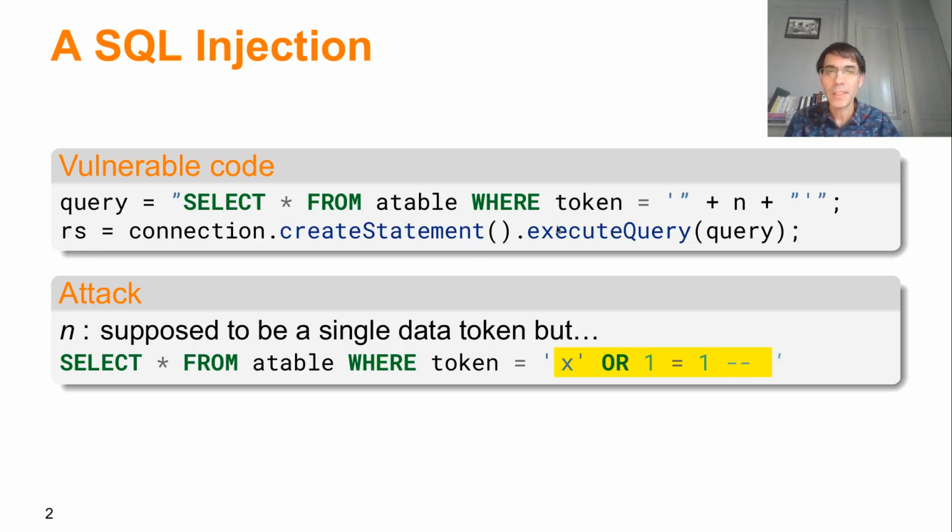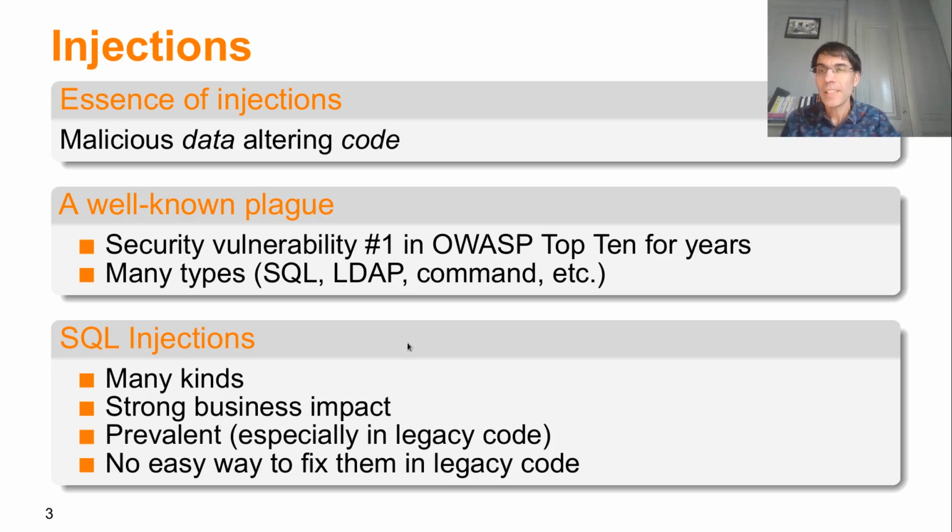So instead of selecting in your table the rows for which the token was equal to a specific value, you select all rows of your table. So it's a vulnerability. The essence of injection, as we can see, is that some malicious data altered the code which was supposed to run, in this case the SQL code which was supposed to run on the database server.